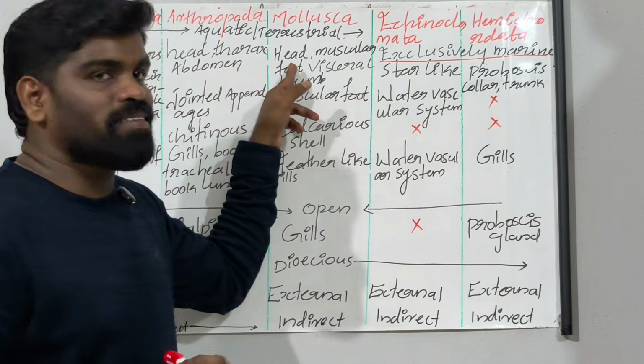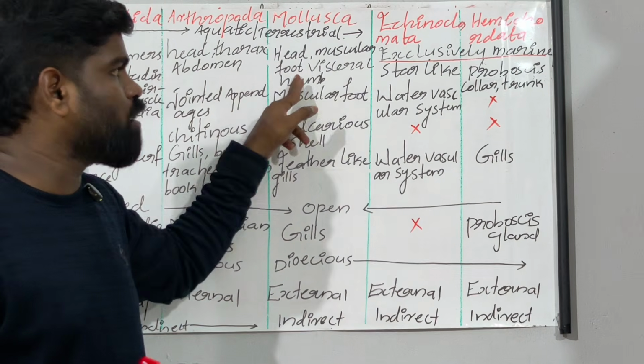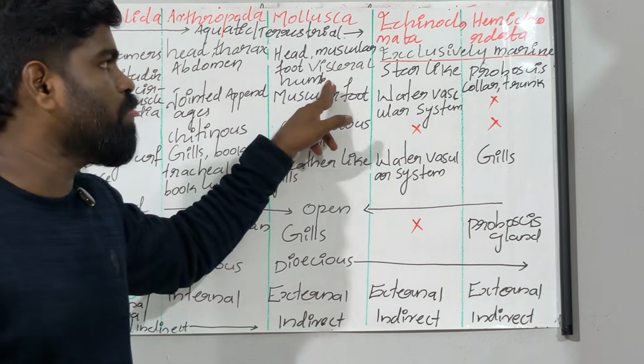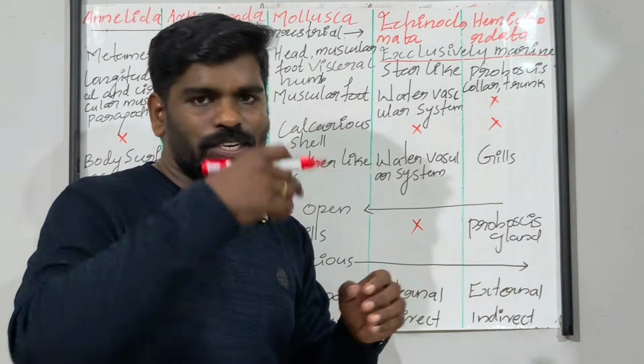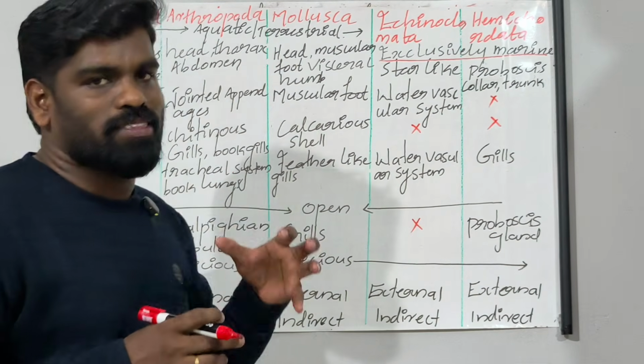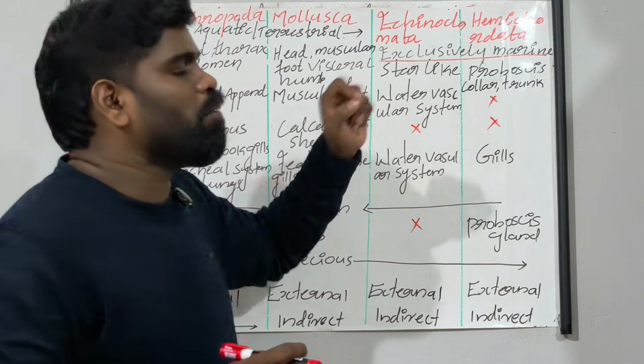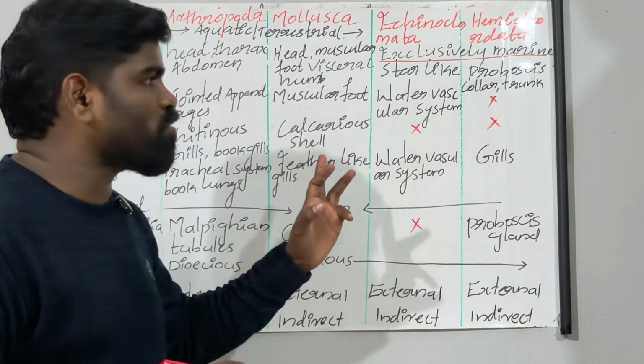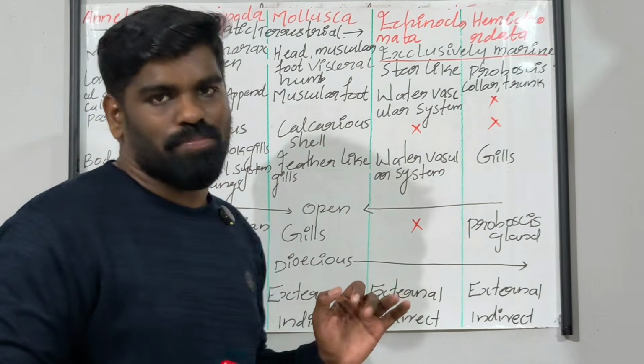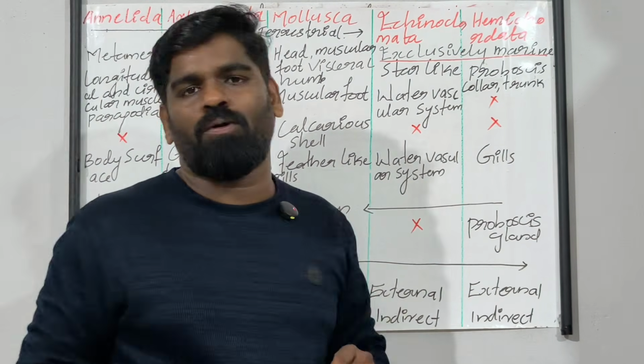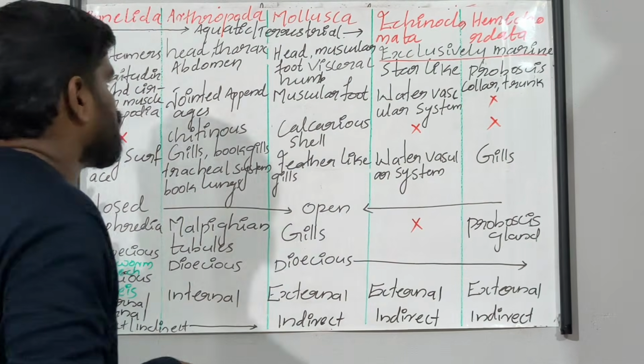In Mollusca, head region, muscular foot and visceral hump. Echinodermata has a star-like body. Hemichordates have proboscis, collar and trunk. So this is the general body organization in these organisms.